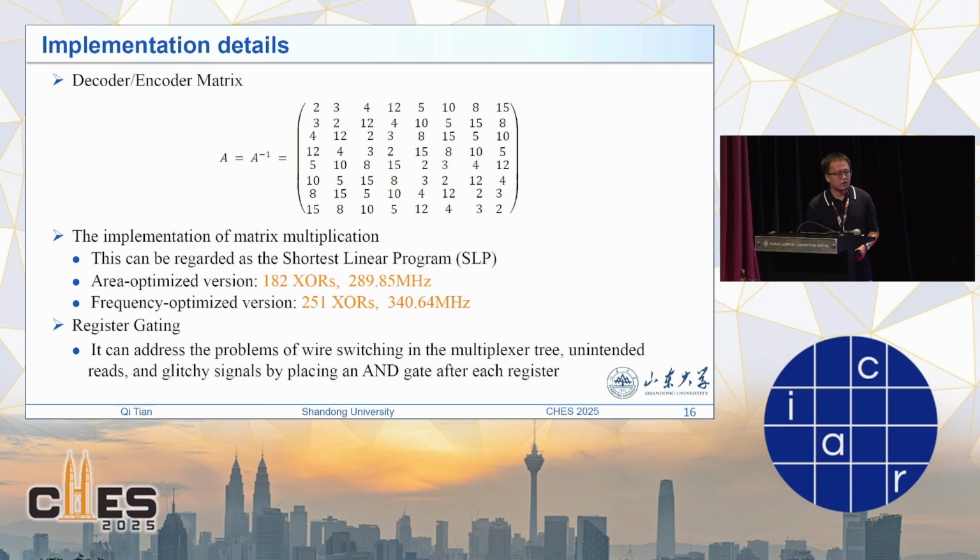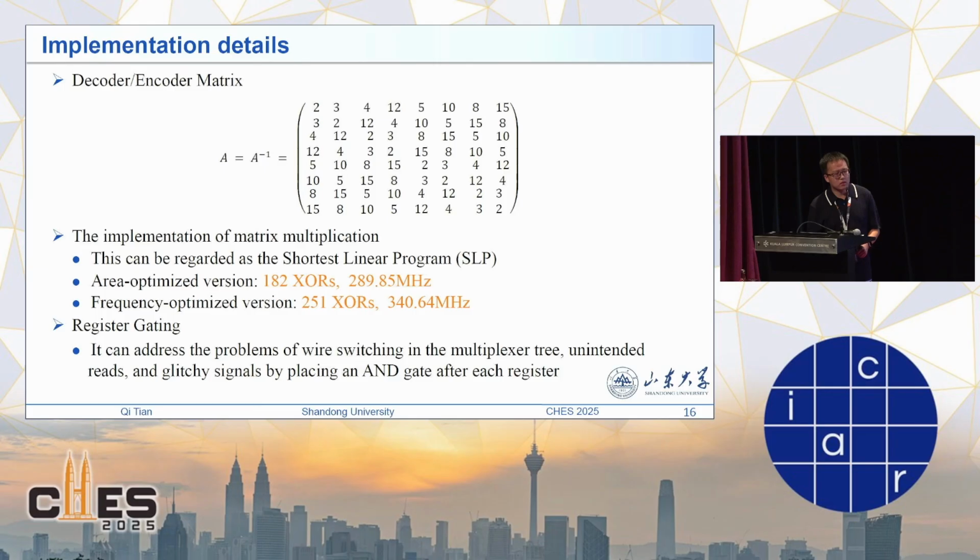For the decoder and encoder matrix, we use a matrix whose inverse is itself, and the implementation of matrix multiplication can be regarded as the shortest linear program. We provide two versions of implementation, error-optimized and frequency-optimized.